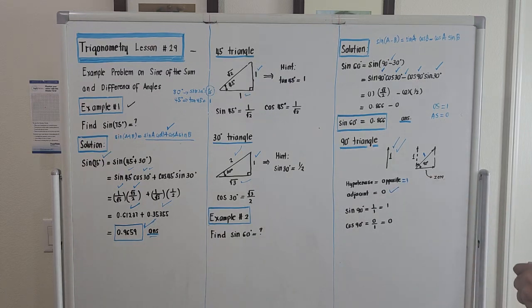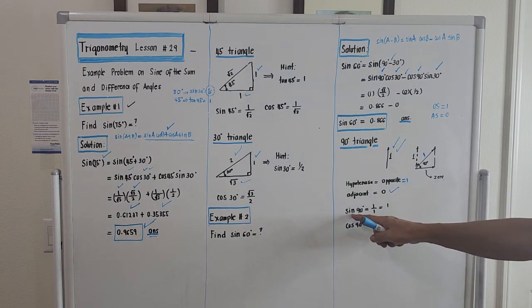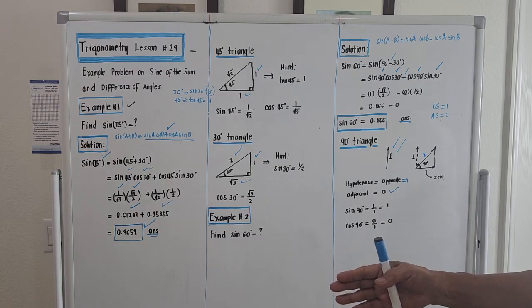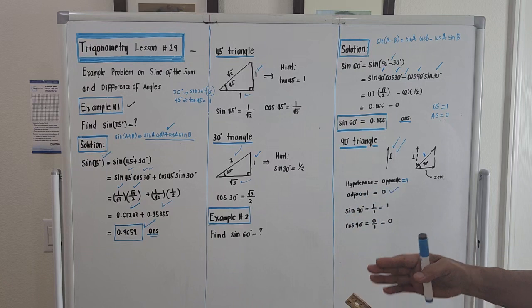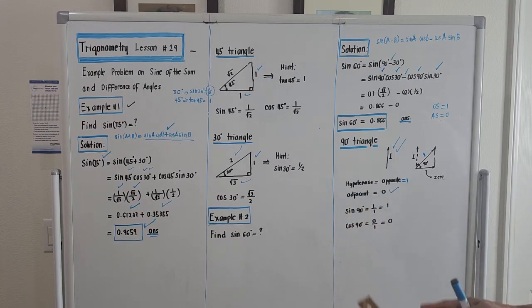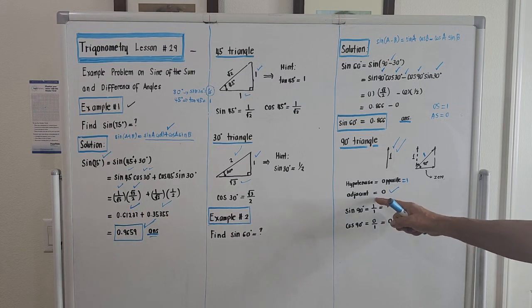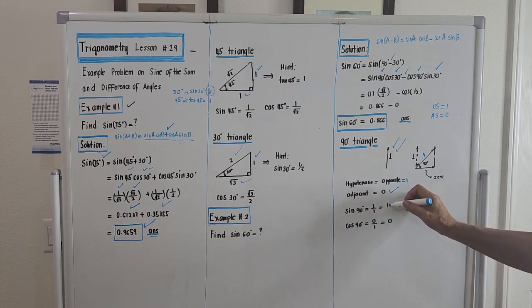So if we try to get the value of sine of 90 degrees, this is the trick now. Sine of 90 will be 1 over 1, and it is actually 1. Why is it 1?